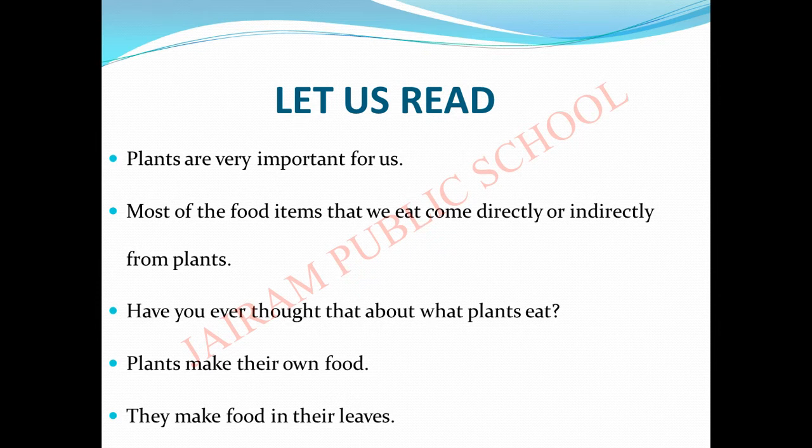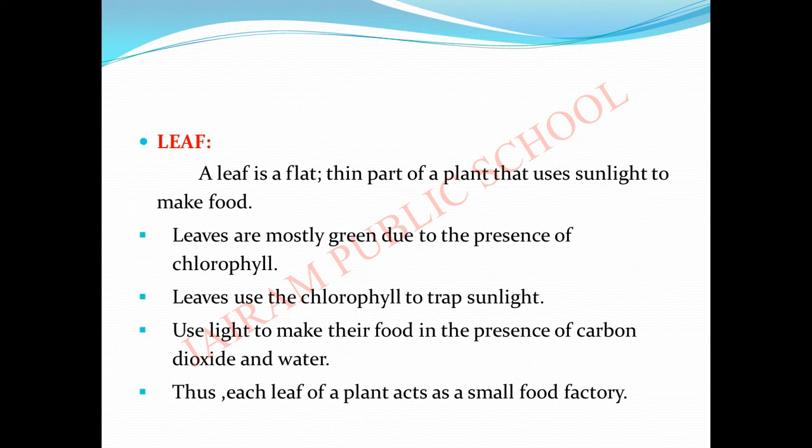They make food in their leaves. Then leaf. A leaf is a flat, thin part of a plant that uses sunlight to make food. Leaves are mostly green due to the presence of chlorophyll.